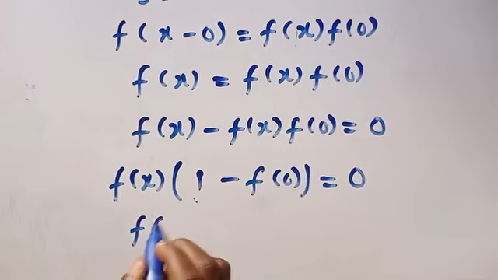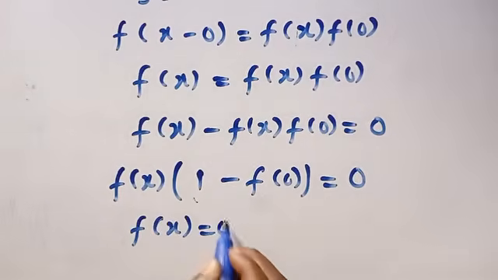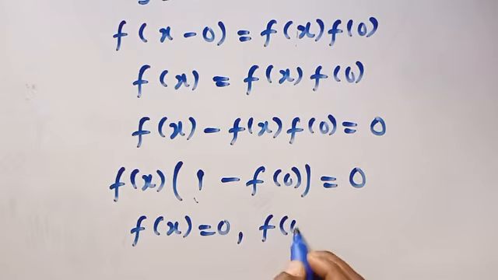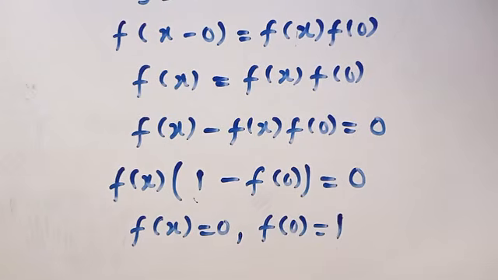So therefore, we have f of x equals 0, or we have f of 0 equals 1. Makes sense? But we have to know the value of f of 0 here. That gives us 1. So f of x equals 0 cannot be the only answer here, so we need to look for the other solution.